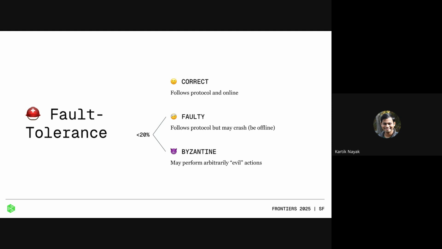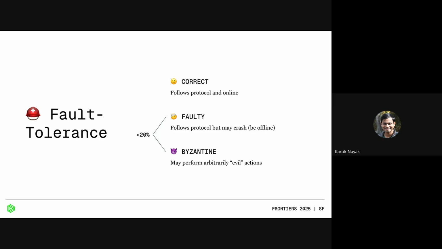Let me make the precise statement. If n equals 3F plus 2C plus K plus 1, where you're tolerating F Byzantine faults and C crash faults, then in the fast path, meaning when you're trying to commit with 2 rounds, the maximum number of faults you can tolerate is C plus K by 2.